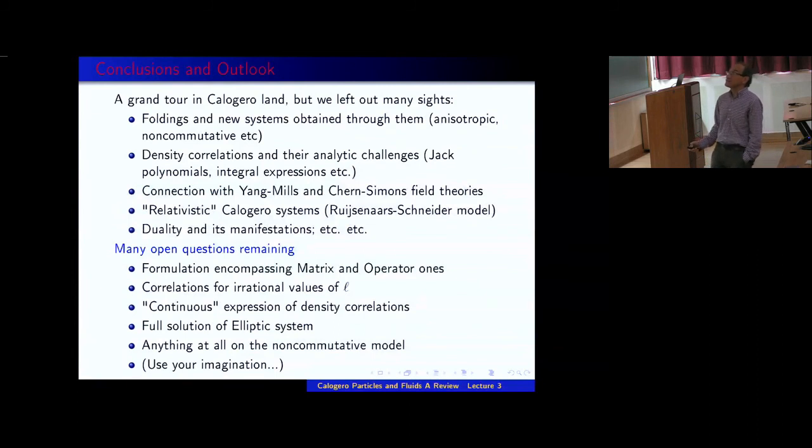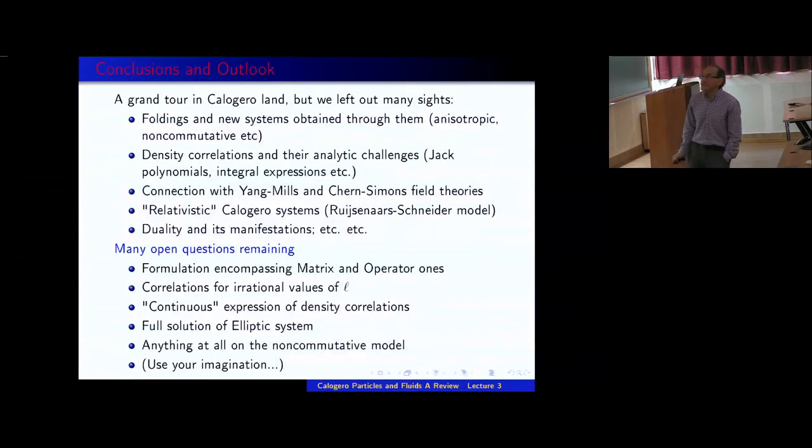I didn't touch upon the relativistic Calogero model, sometimes called the Ruijsenaars-Schneider model. Relativistic in quotation marks, it's not quite relativistic. And I didn't expand on the duality in these models and their manifestations.